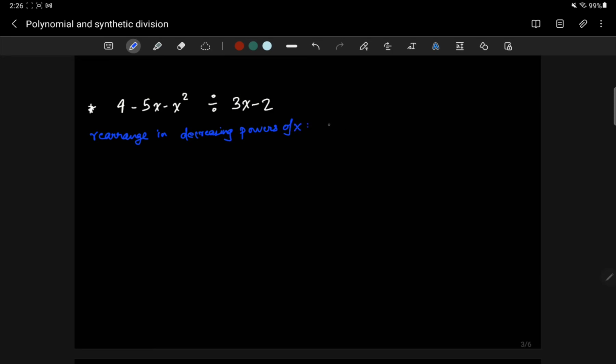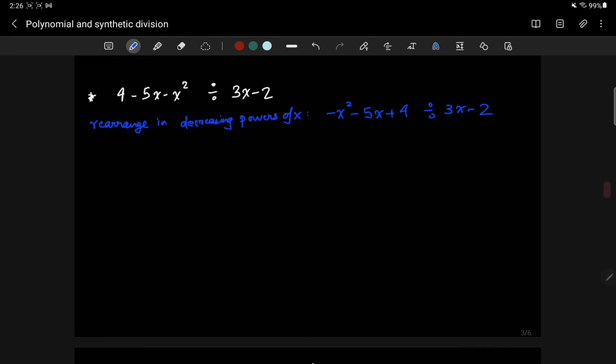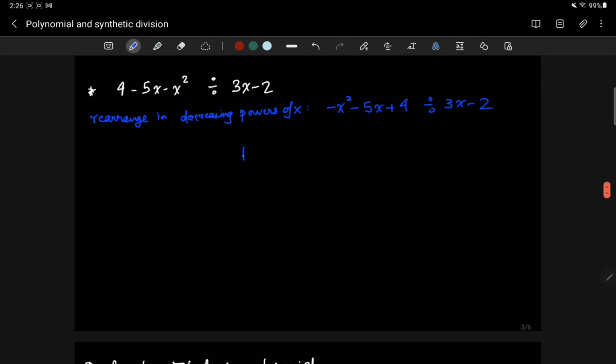So that is going to be rewritten as negative x squared minus 5x plus 4 divided by 3x plus 2. Now because instead of an x I have a 3x here, this might get a little messy. So let's see. Negative x squared minus 5x plus 4 and a 3x plus 2.